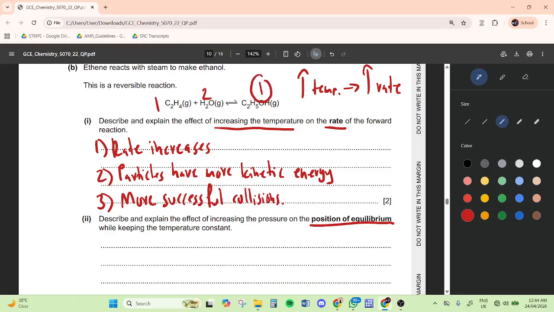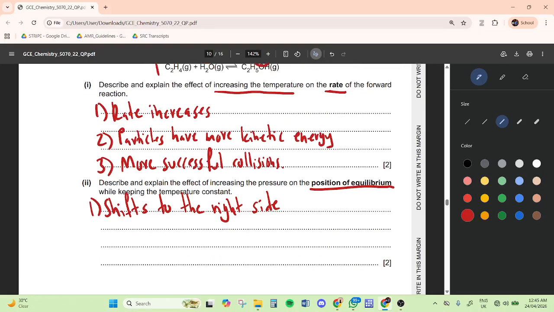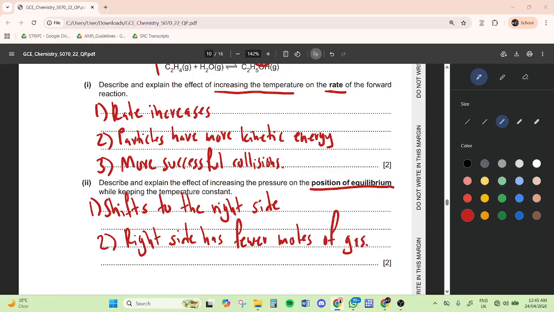So if you increase the pressure, equilibrium will shift to the right side. Because it moves to the right side, you need to give an explanation as to why it does. So you're just going to write down, very simple, very clean, that right side has fewer moles of gas. That's it. Very simple. Nothing too complicated, nothing you have to worry too much about.